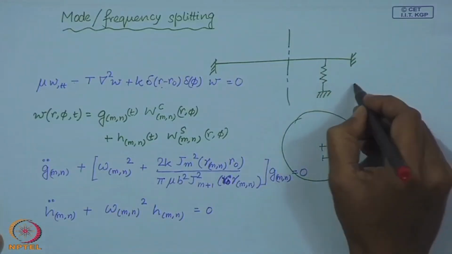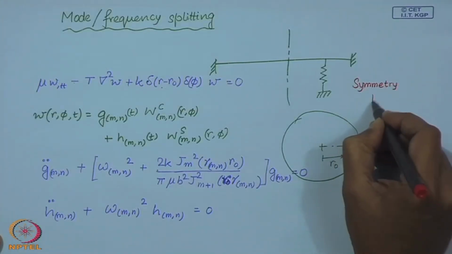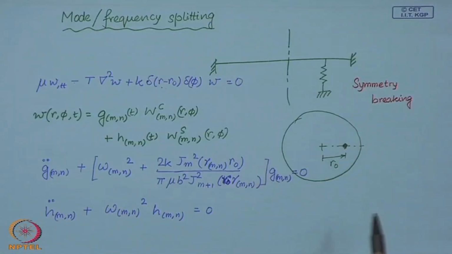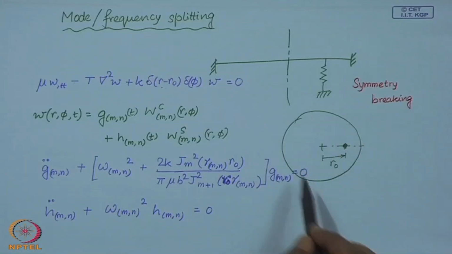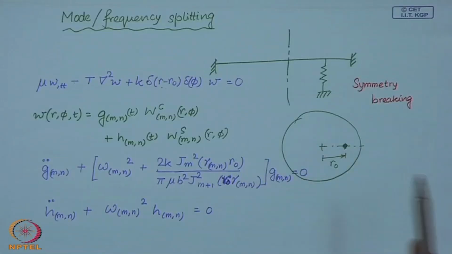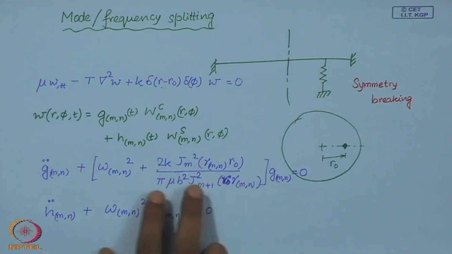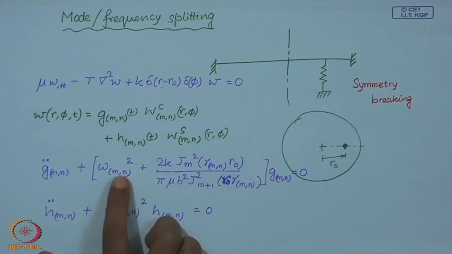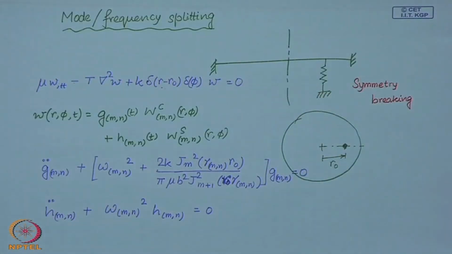So, there is a symmetry breaking. A normal circular membrane has a geometric symmetry, but that is now broken because of this external interaction, and what it does is split this frequency. So, there is no modal degeneracy now corresponding to omega m n.